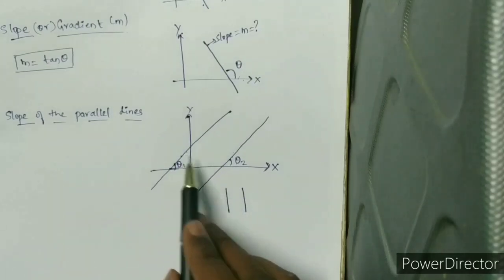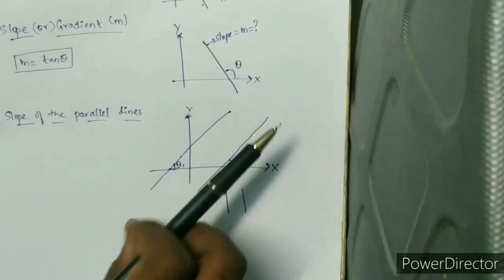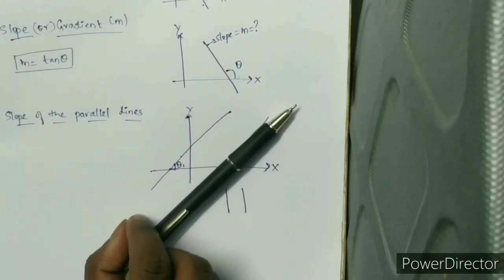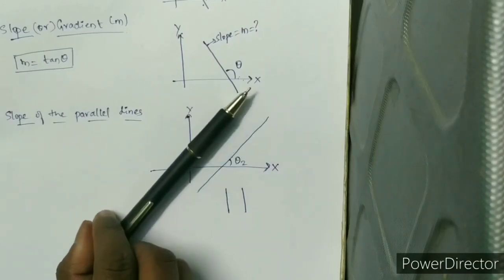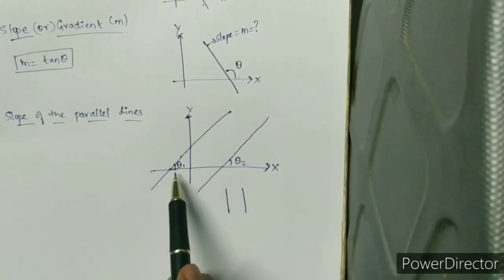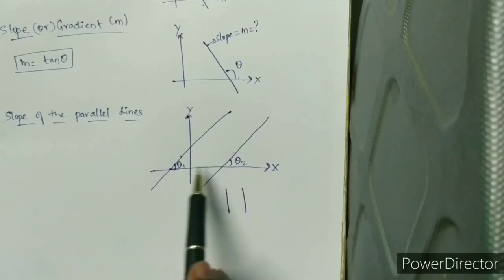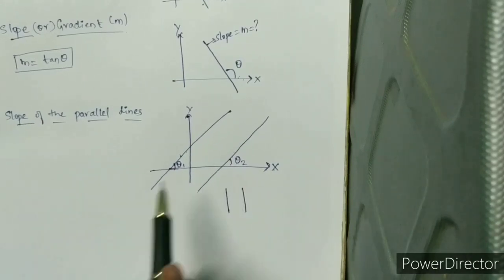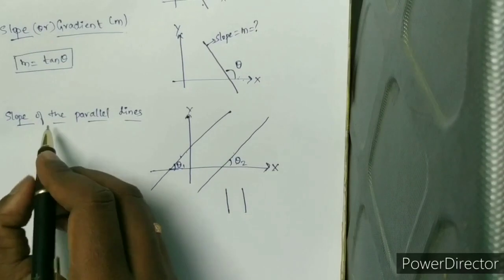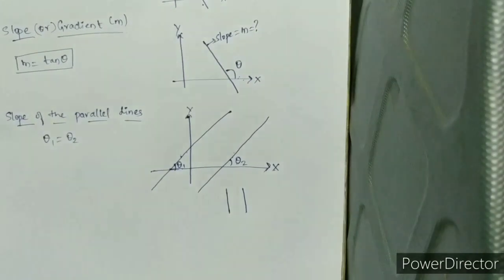These two lines are similar to those two lines, so they are parallel. If they are parallel, the inclination of these lines with the x-axis is also going to be the same, that is theta 1 equal to theta 2.